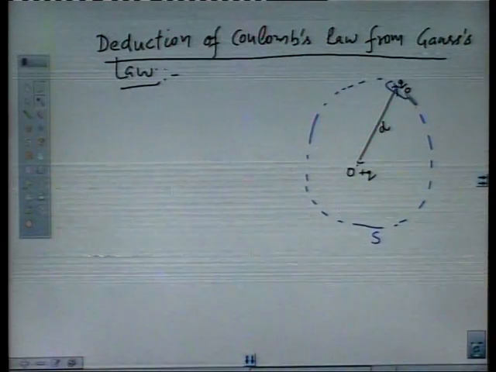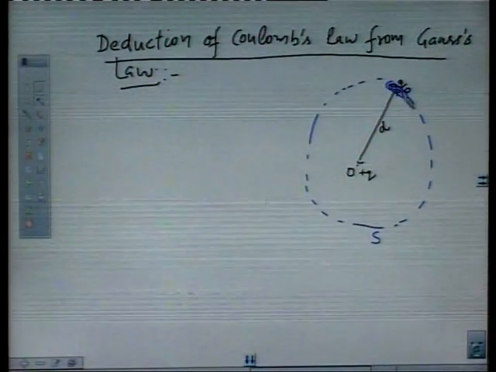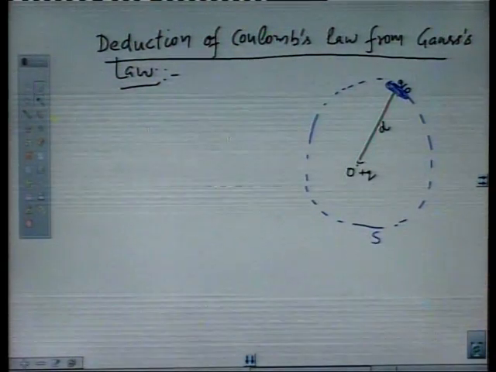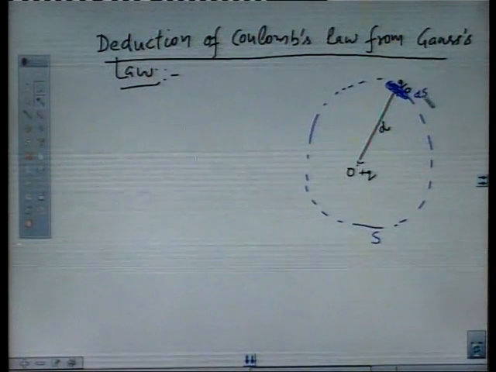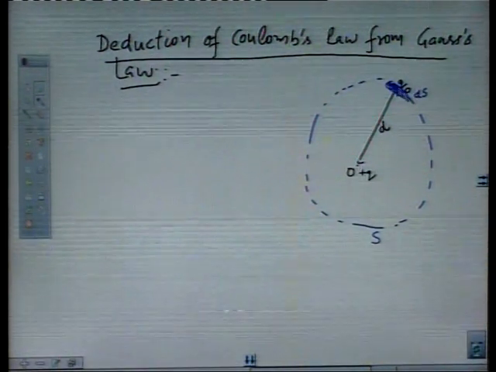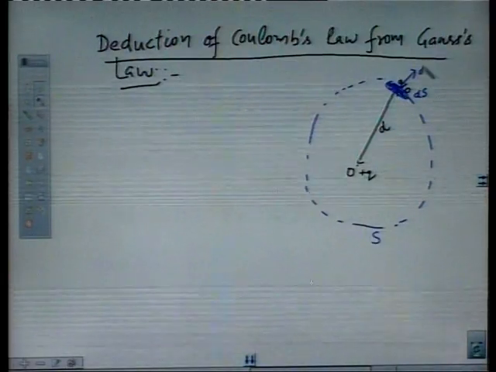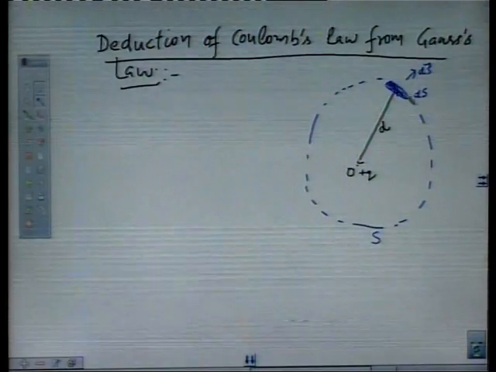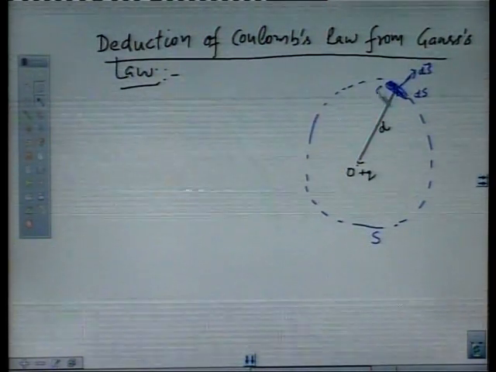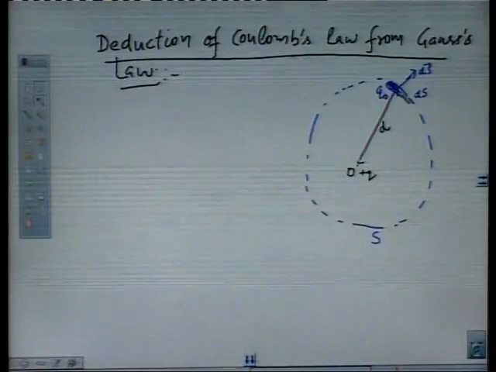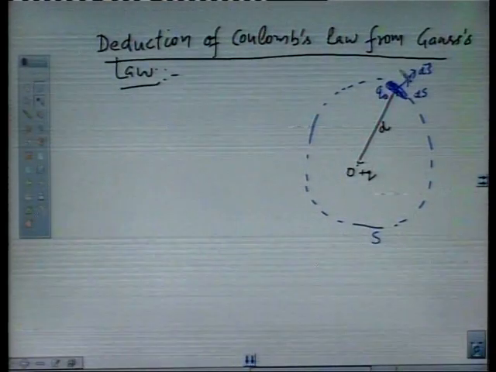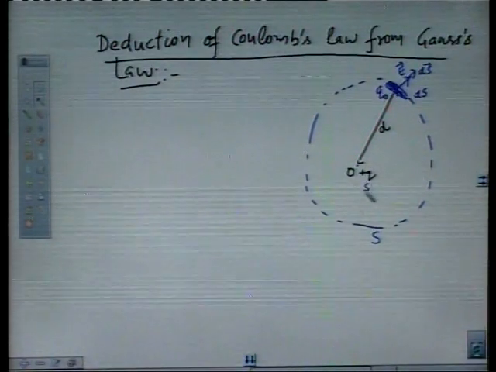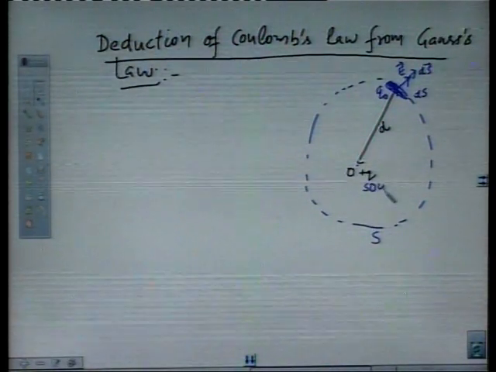So let us take a small surface area of this total sphere S, whose surface area is ds, and ds vector is along this direction. Here Q naught charge is located, and also the electric field due to this point charge, which is also known as source charge.